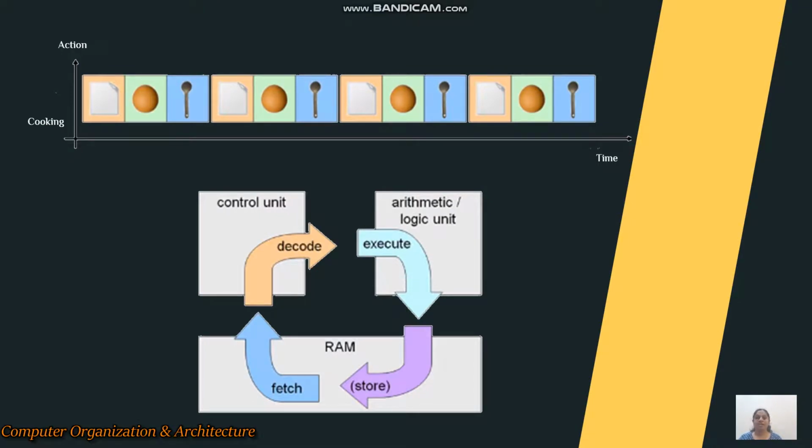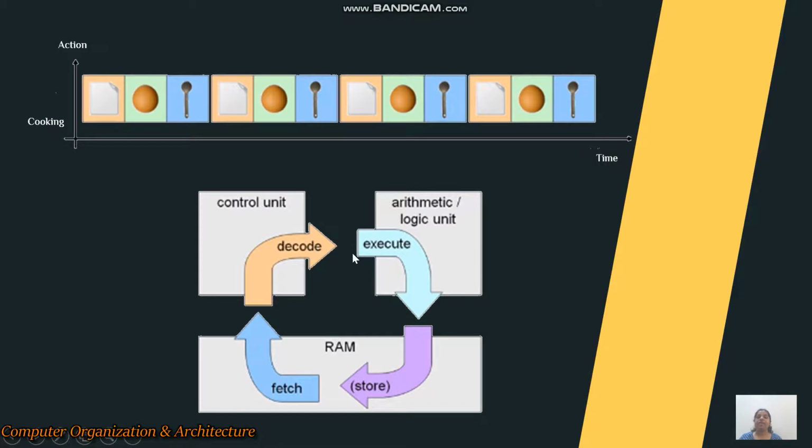So until your cake is done, you have to repeat the fetch, decode and execute. Okay, so for fetch, you are going to fetch the instruction from the memory, hence it is related to your memory. Okay, and decode is, you are going to understand what are the various things you have to do, so it is related to your control unit, where you are going to decode and decide what you are going to do.